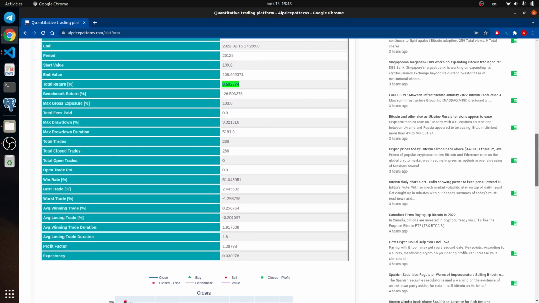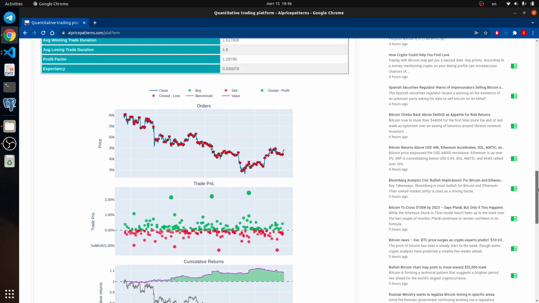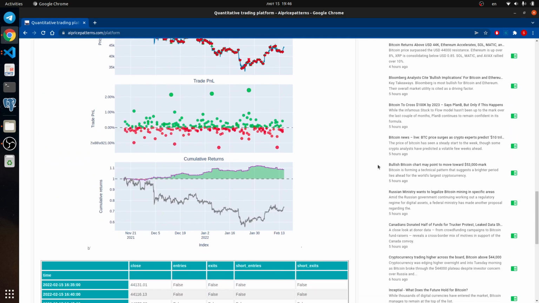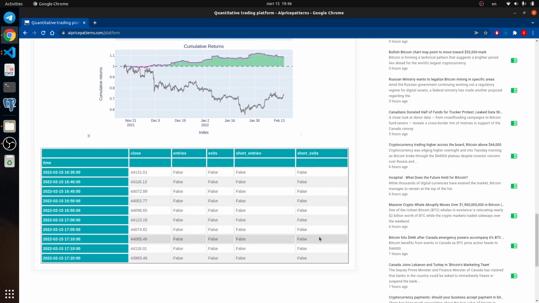Okay, and you could analyze other statistics of the backtest, but for me, I'm interested in this smooth profit line. It's working. Okay, and this is the last trade.